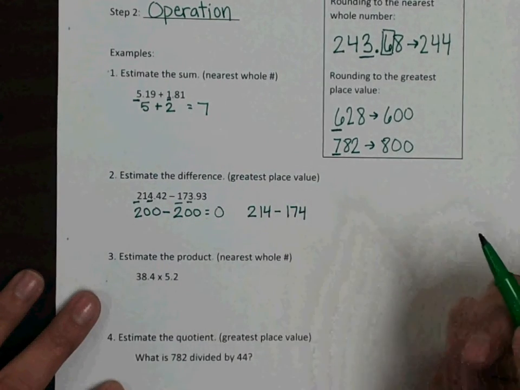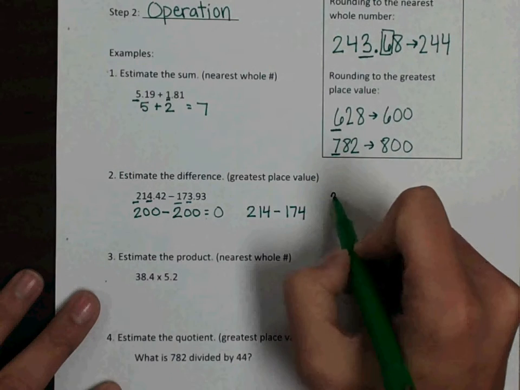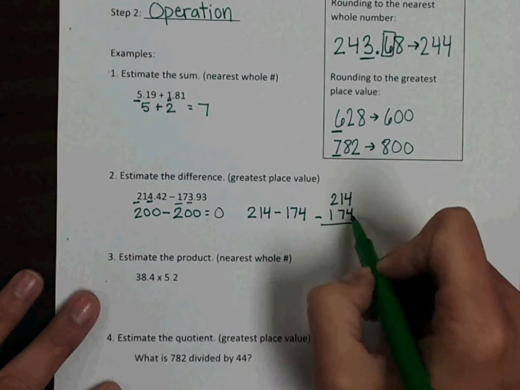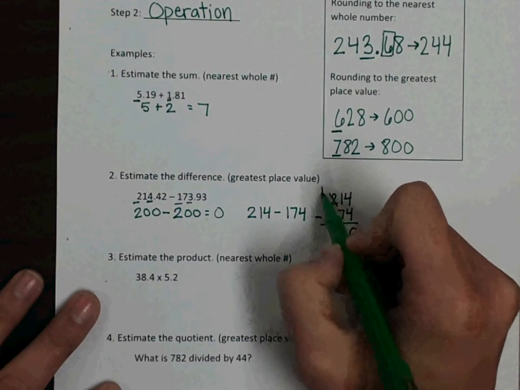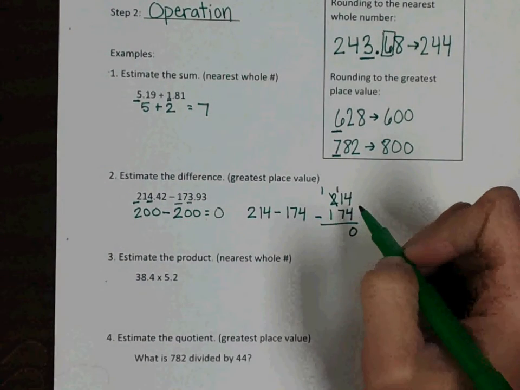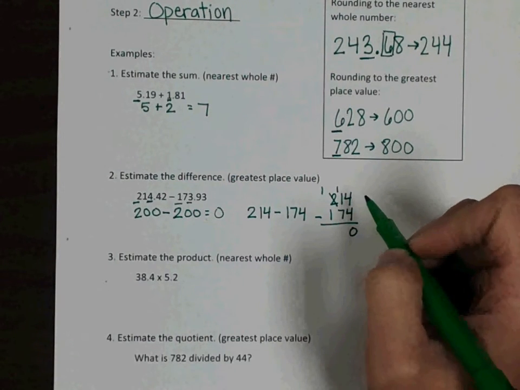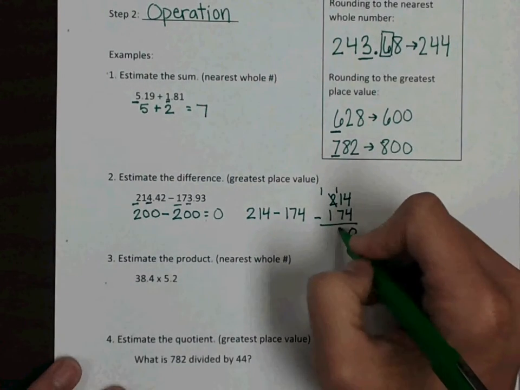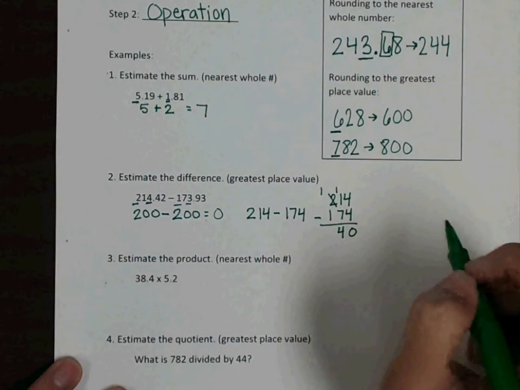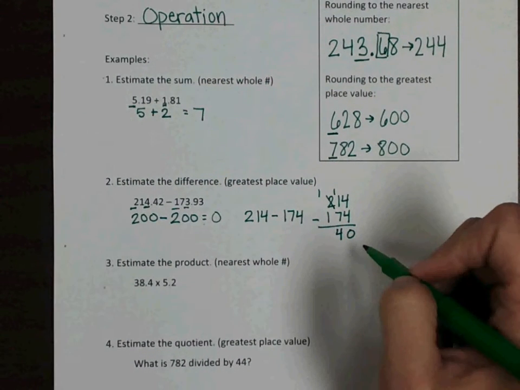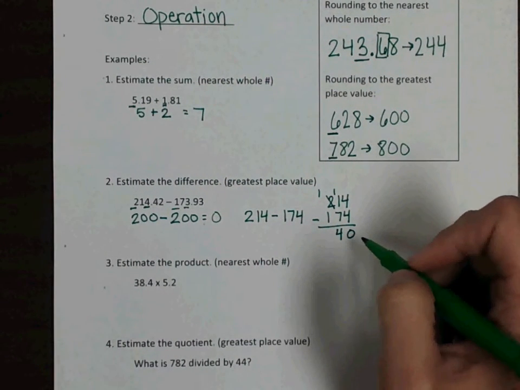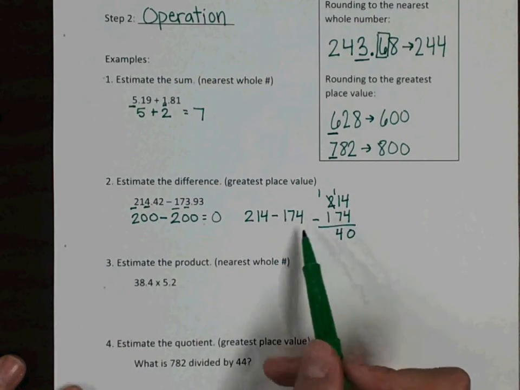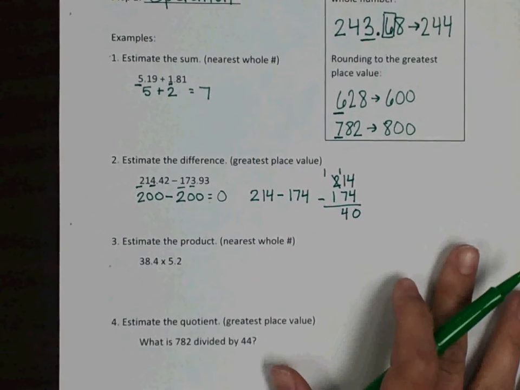Now, just like we've been doing, we're going to set this up vertically and subtract. 4 minus 4 is 0. We've got to borrow. 11 minus 7 is 4, and 1 minus 1 is 0. So that gave us a more accurate estimate. Sometimes they will ask you what would be the best way to round, and in this situation I would say the best way is to the nearest whole number.